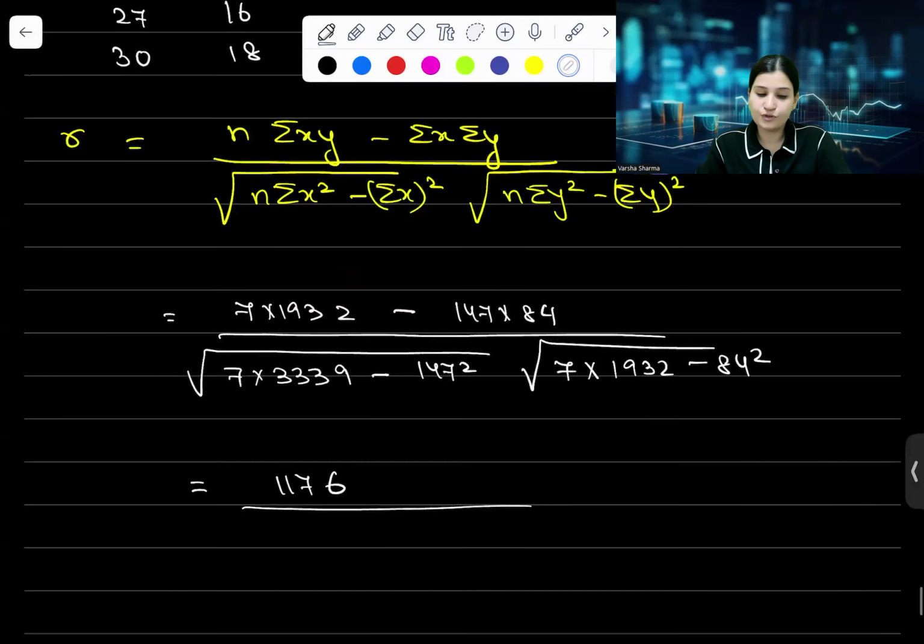Then the first root over is 42. Second root over is 80.42.